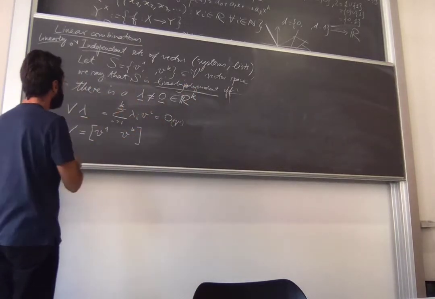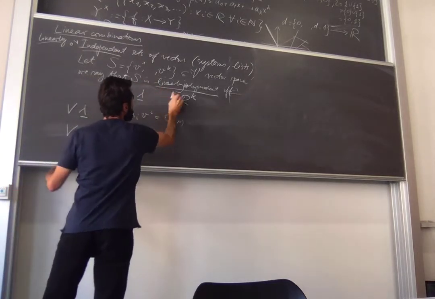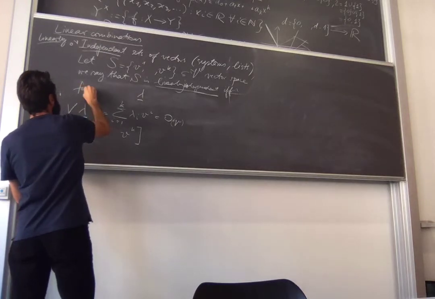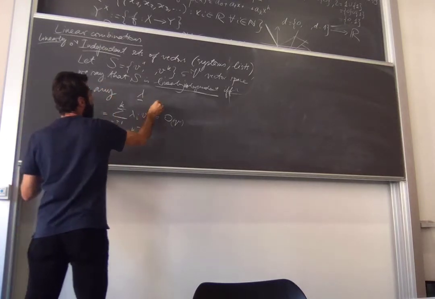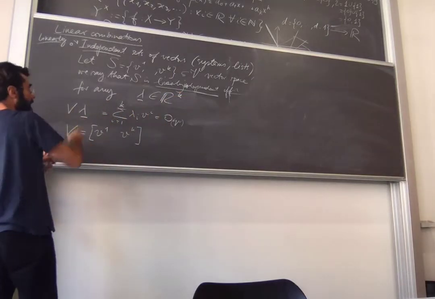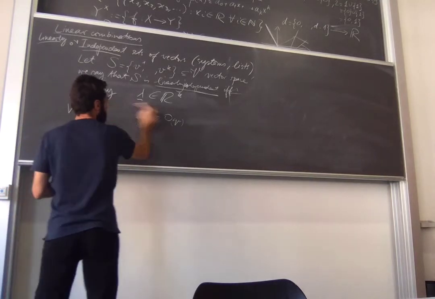Say it's linearly independent if for any lambda in Rk, if v lambda is equal to 0, I'm going to write it in one shot here.